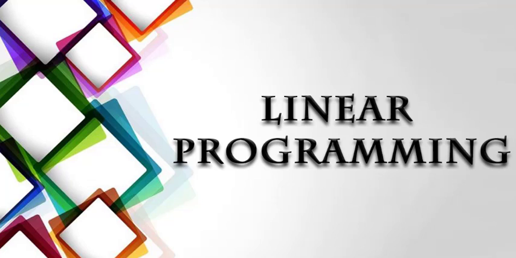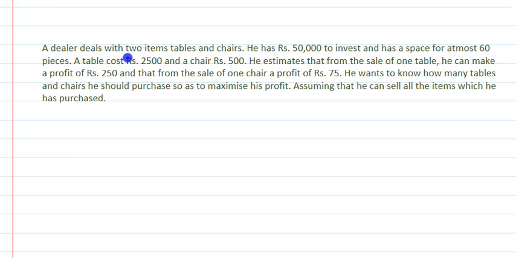To understand these problems, let me start with one example. Example says, a dealer deals with two items, tables and chairs. He has rupees 50,000 to invest and has a space for at most 60 pieces. A table costs rupees 2,500 and a chair rupees 500.